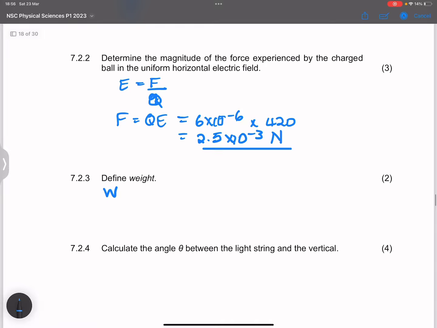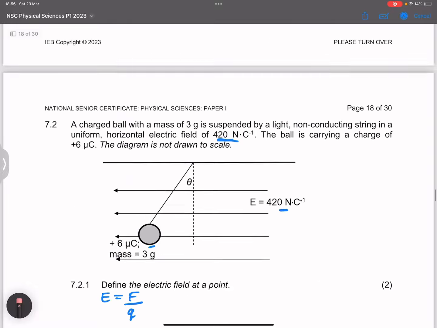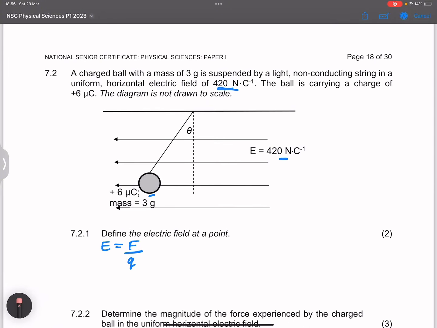Now they say to us, calculate the angle between the light string and the vertical. So I want you to please note in this case what's happening there. We've got the electrostatic force that is exerted on the ball. Okay, so there it is there.